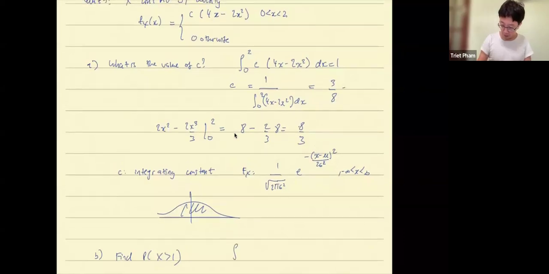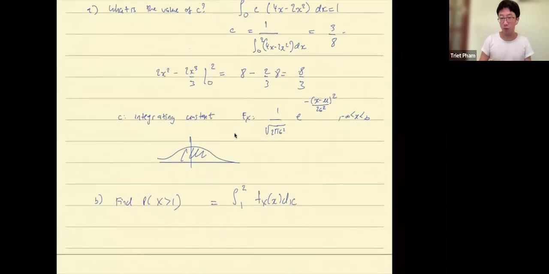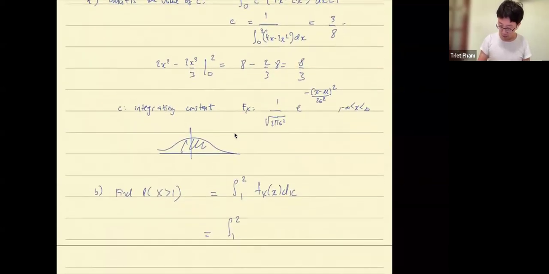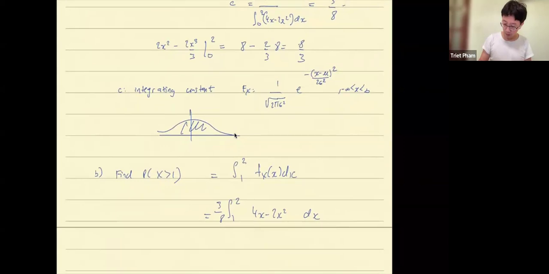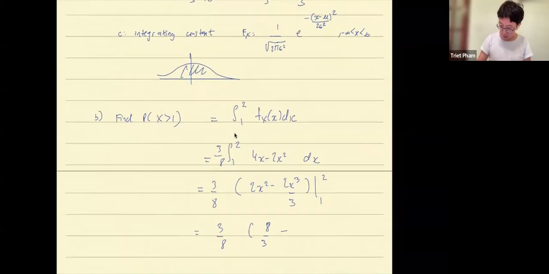You look at the integral from 1 to 2 of the density, which would be 3/8 times the integral of 4x minus 2x squared dx, which is 3/8 times 2x squared minus 2x cubed over 3, evaluated from 1 to 2. So 8 over 3 minus 1/3, right?